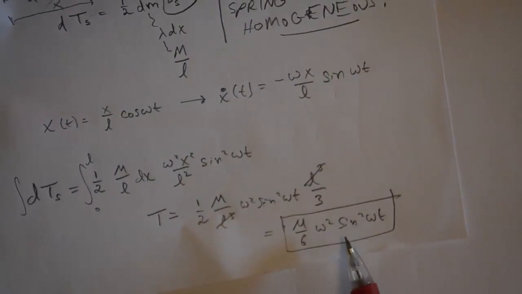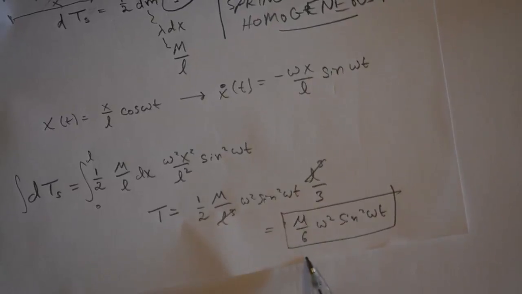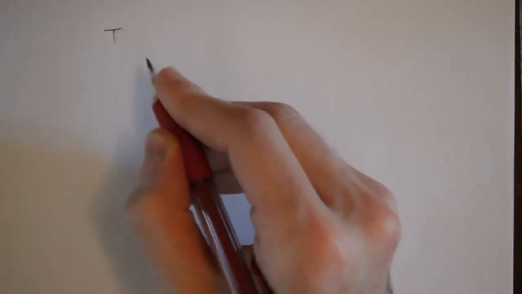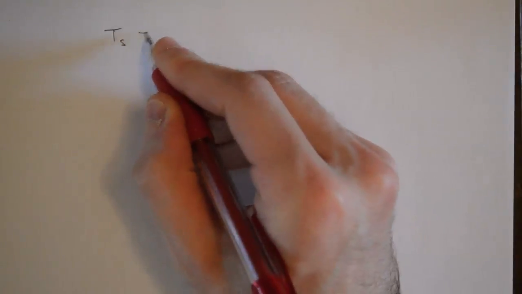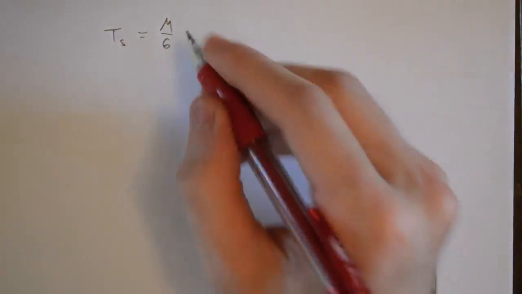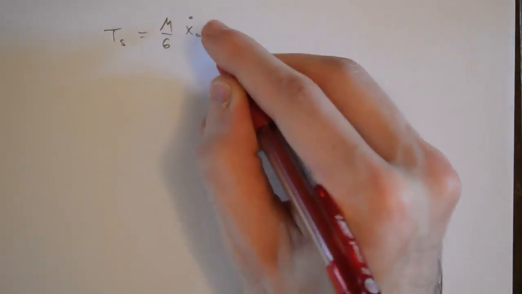We can rewrite our kinetic energy here as just M/6 times the square of the velocity of the mass at the end of the spring. So the spring kinetic energy, T sub s, equals M/6 times x naught dot squared.